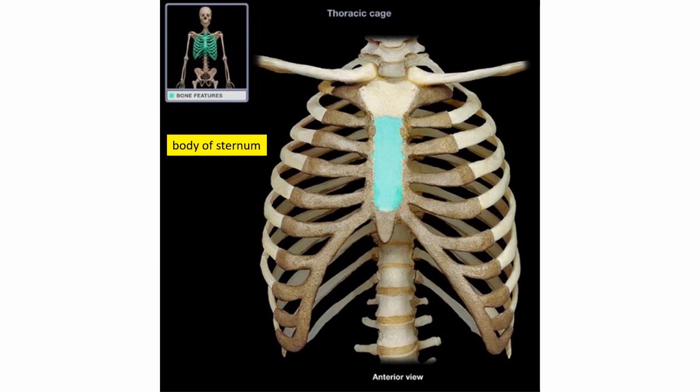It articulates with half of the second rib, then the third, the fourth, the fifth, the sixth, and the seventh. And it has transverse lines because of the fusion of the different parts of the body of the sternum.